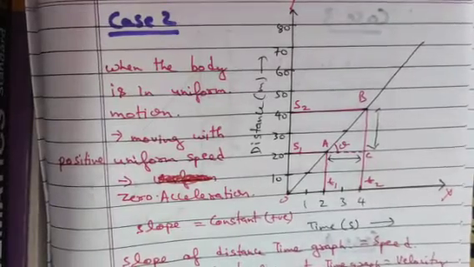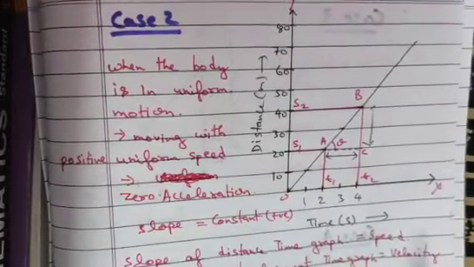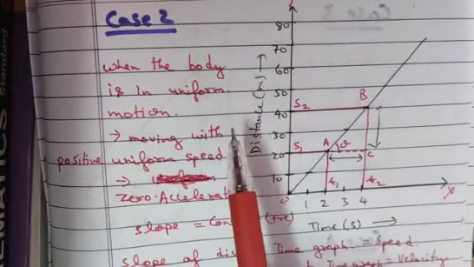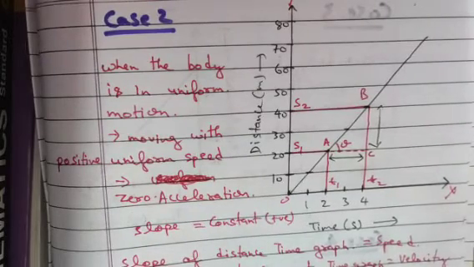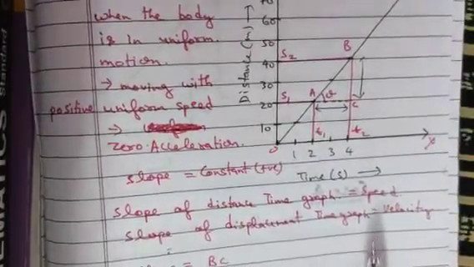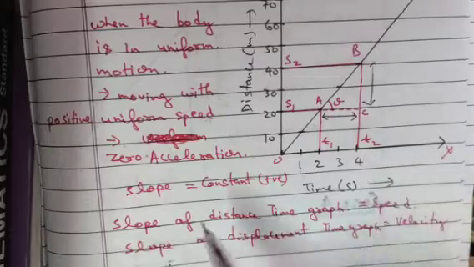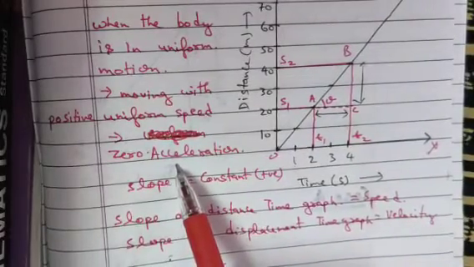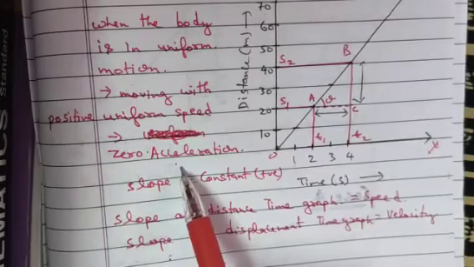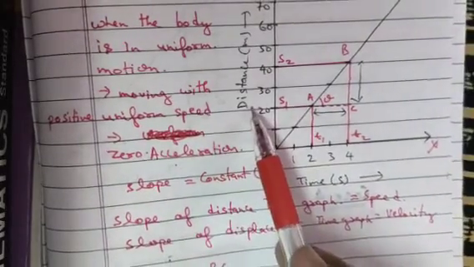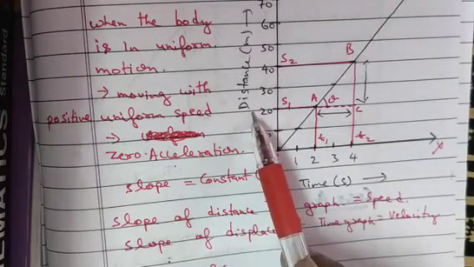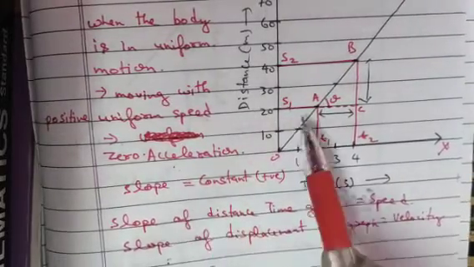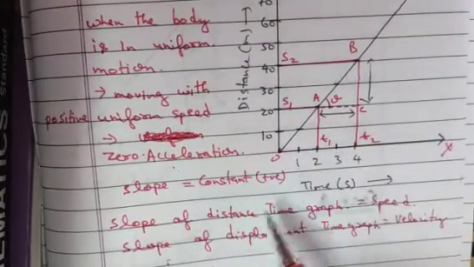The slope of a distance time graph is the speed. If the body is moving with a constant speed, the rate of change of speed will be 0, that is, acceleration will be 0. If the quantity in place of distance is displacement, then we say the body is moving with uniform velocity. The slope of such a graph will be positive as well as constant.